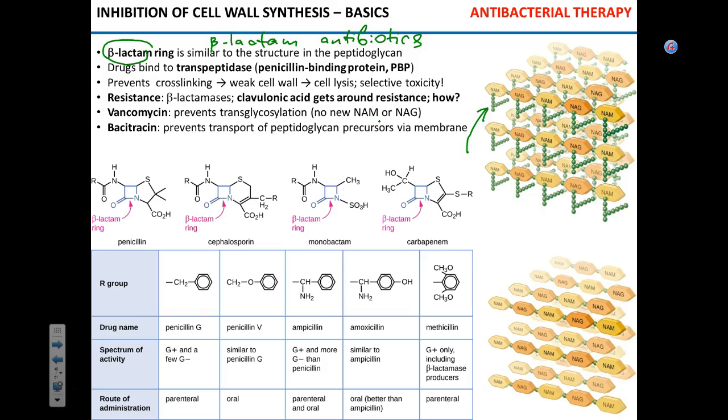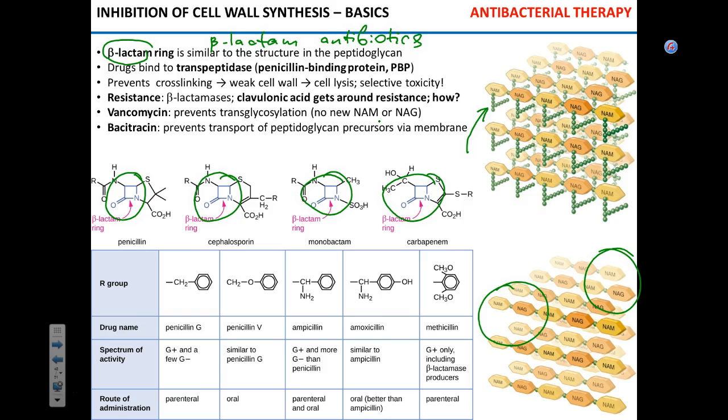Does that make sense to you? So essentially, instead of forming the mesh, as we discussed when we talked about cell wall, you now have disconnected chains of carbohydrates. So it decreases the rigidity of the cell wall, and quite considerably. Okay? So these drugs contain the so-called beta-lactam ring, which you can see on this picture. I circled it with a green marker.